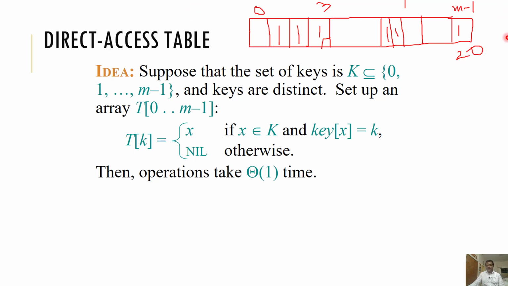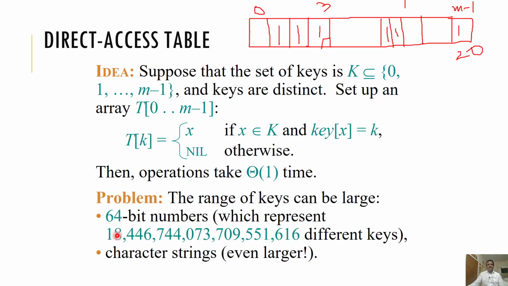Then we have to keep the size of the array that big. So, for example, if we have a 64-bit number, then we have to keep 2 to the power 64. If each record is 64-bit, then the maximum value is 2 to the power 64. So, 2 to the power 64 is the array size, 2 to the power 64 minus 1, which is very difficult.